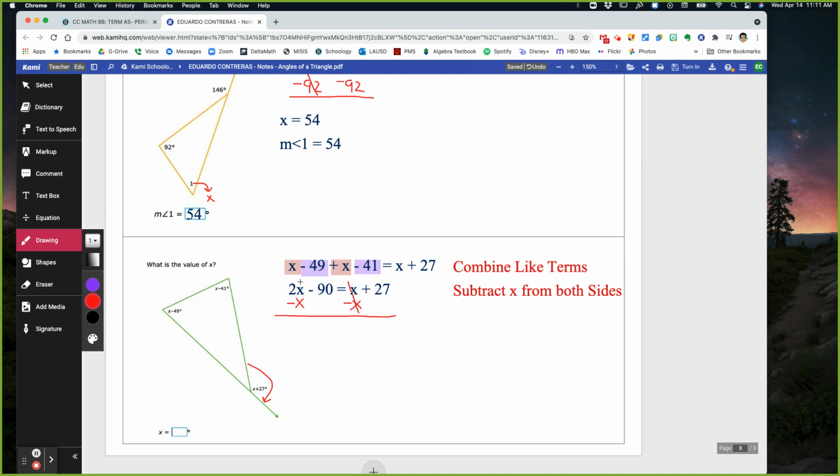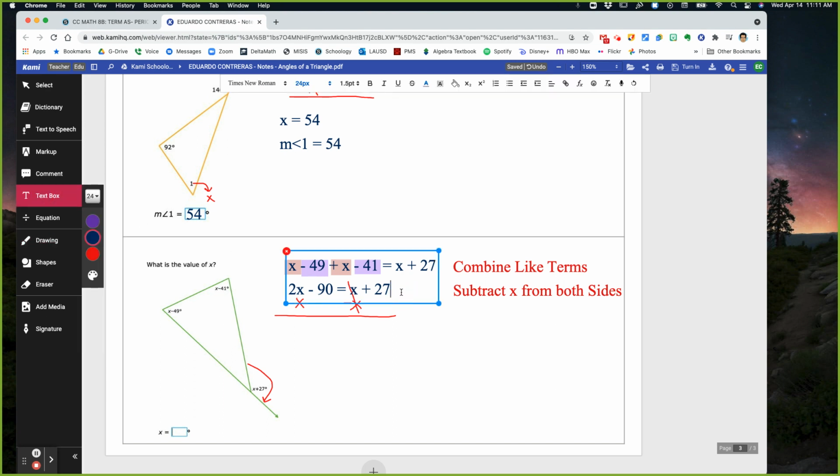And on the other side, 2x take away an x. Well, if you have 2x take away an x, what do I have left? I just have 1x, or just x. So I have x now, not 2x, minus 90 equals 27. Okay? I'm almost there.